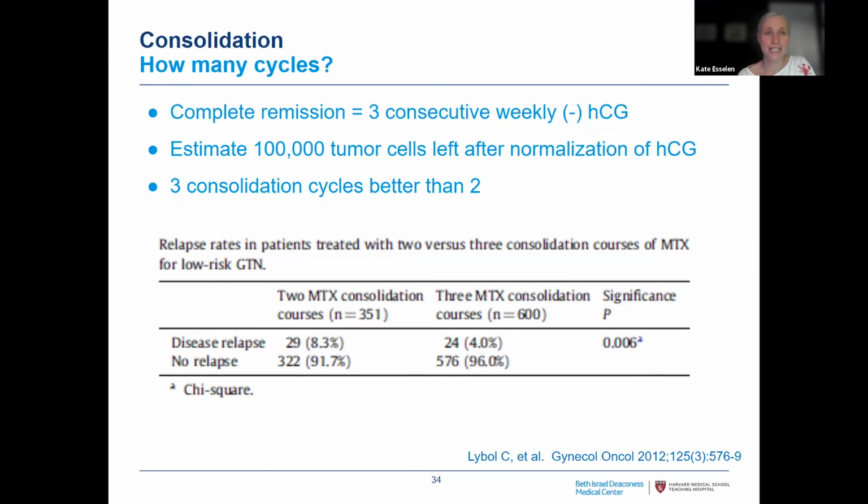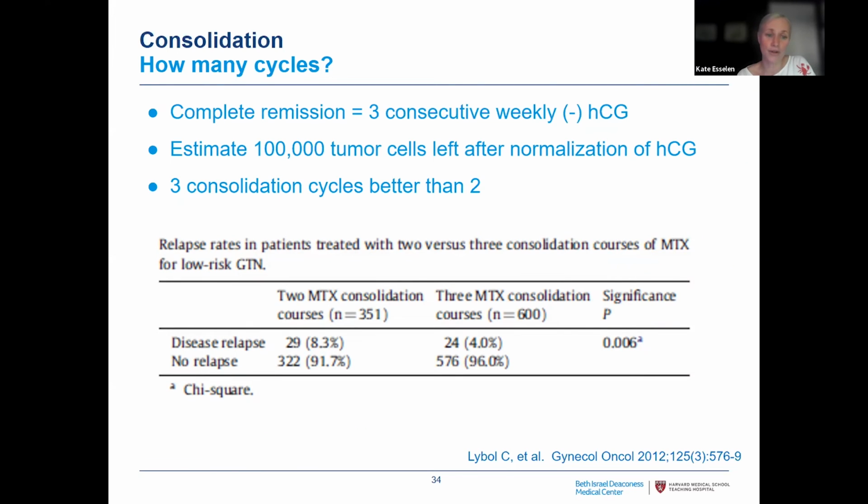If you're lucky and get remission after 1 to 3 cycles, you're still doing another 3 more, so that's 6 cycles of treatment or 12 weeks. And many patients need much longer than that, so you need to do some convincing sometimes to get them through those last few consolidation cycles.